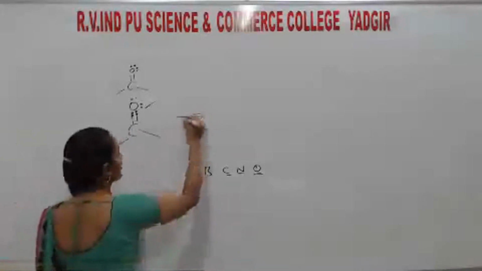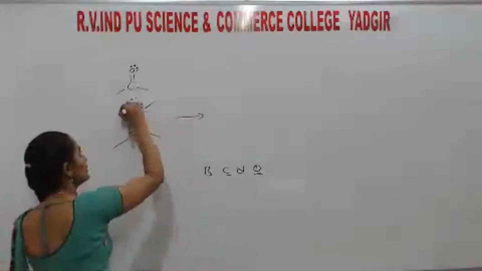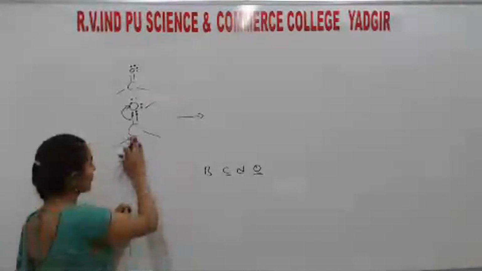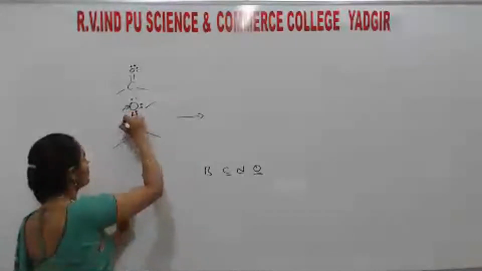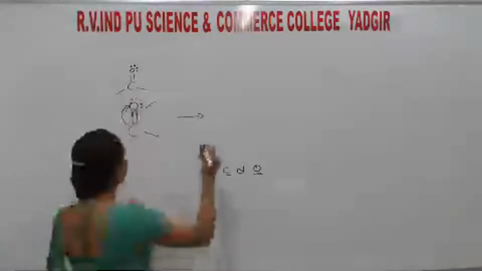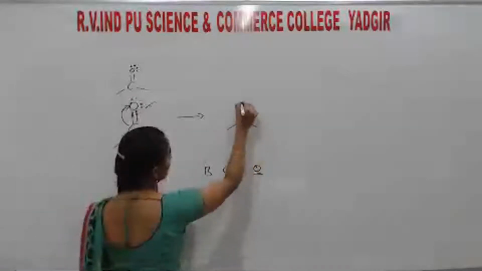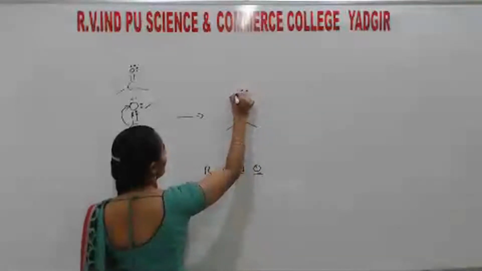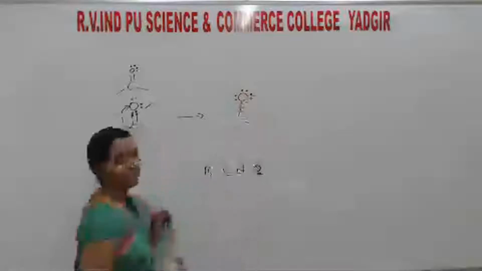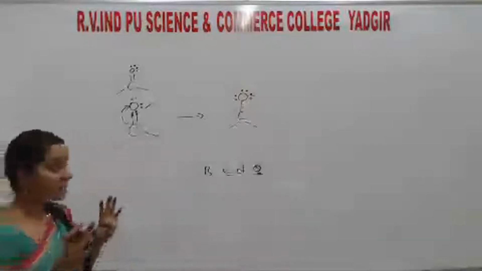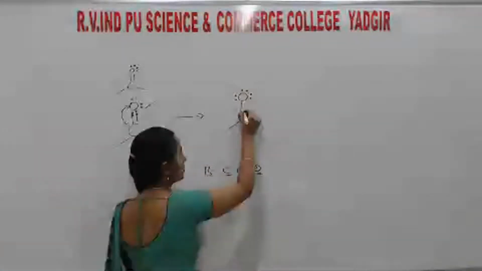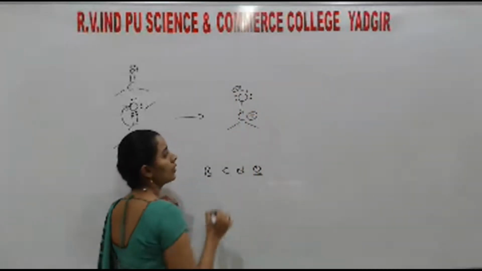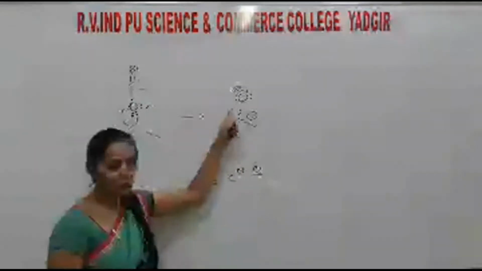If the electrons of carbon shift towards oxygen, a single bond will form, and oxygen will have three lone pairs of electrons. With the extra electrons, oxygen gets the minus charge and carbon gets the plus charge. This is the plus and minus polarity.